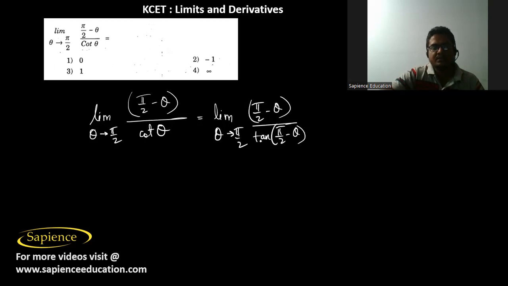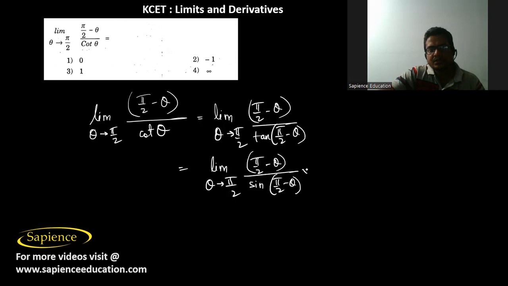Now this can be written as sin (pi by 2 minus theta) by cos (pi by 2 minus theta). So this will be the limit as theta tends to pi by 2 of (pi by 2 minus theta) by sin (pi by 2 minus theta), into cos (pi by 2 minus theta). Now let pi by 2 minus theta be some x.